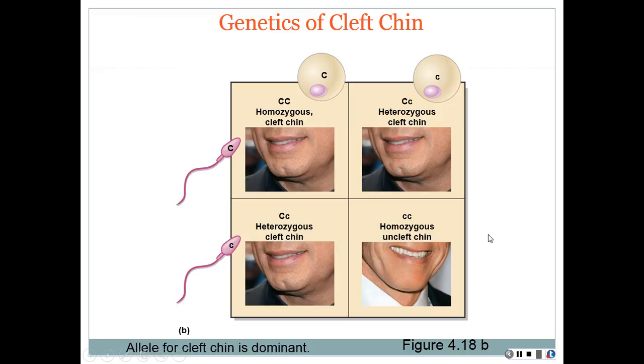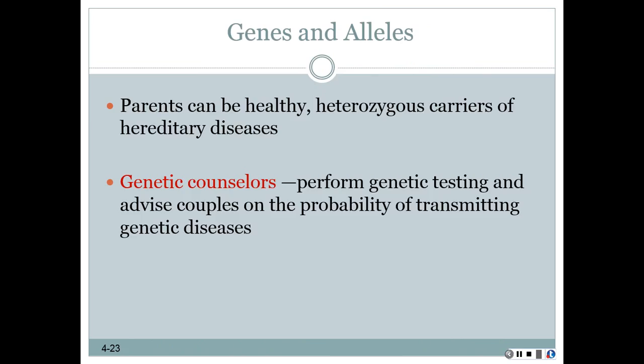Heterozygous individuals with normal phenotypes may be carriers of a hereditary disease or trait in the form of recessive alleles, the lowercase letter, such as in cystic fibrosis or sickle cell anemia. For some hereditary diseases, tests are available, and genetic counselors can have tests performed and advise potential parents of risk.